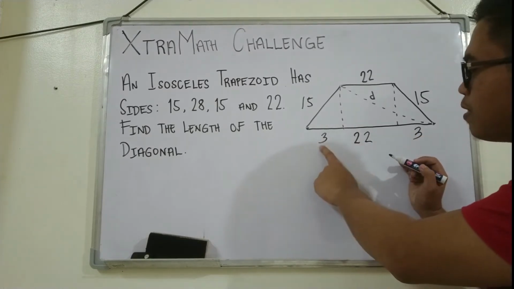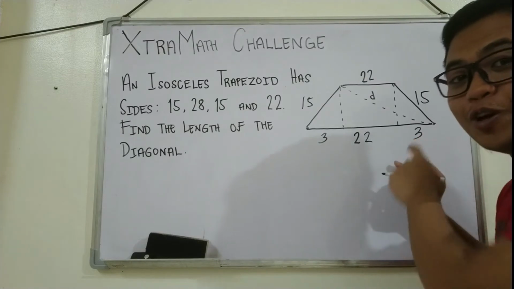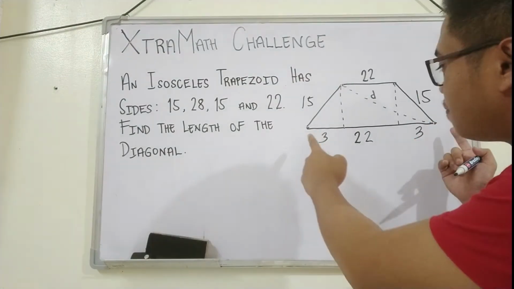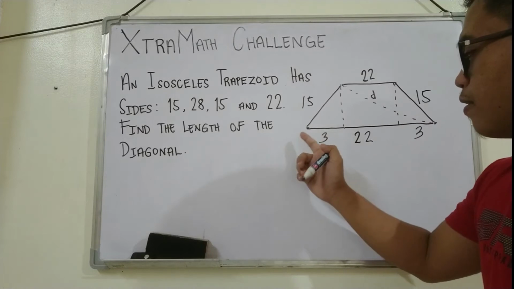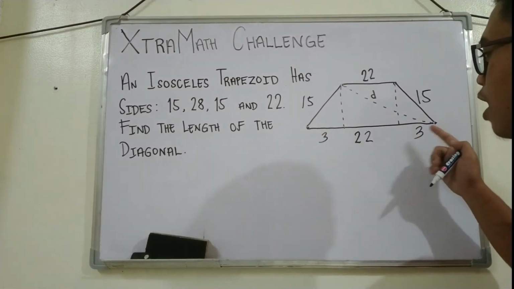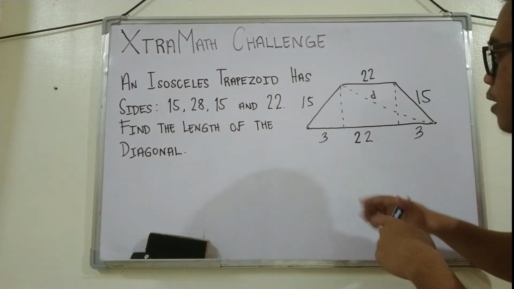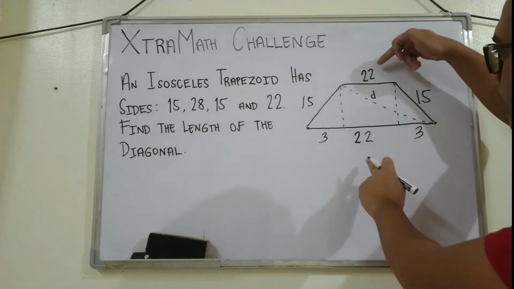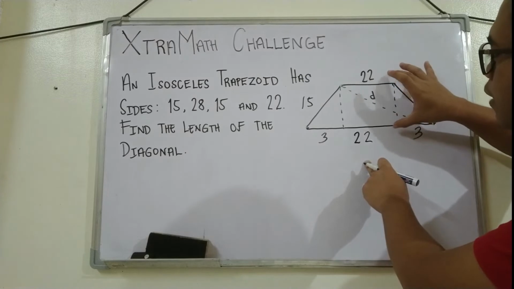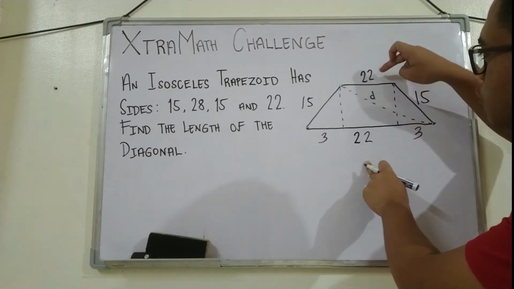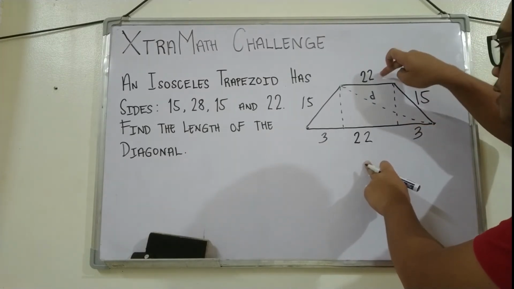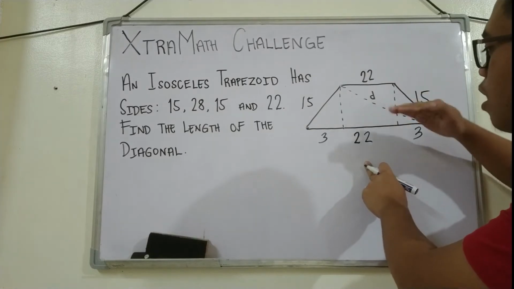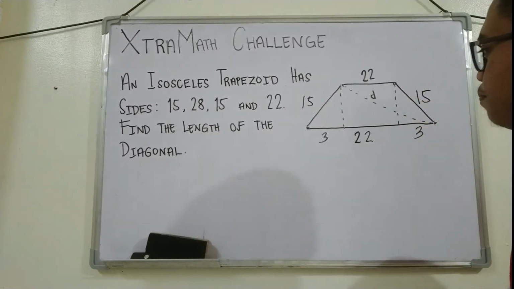Because 22 plus 3 is 25, plus 3 is equal to 28. So we have retained the original length, which is 28. However, we drew a rectangle here, which has 22 as the length and 22 as the length on the bottom base.